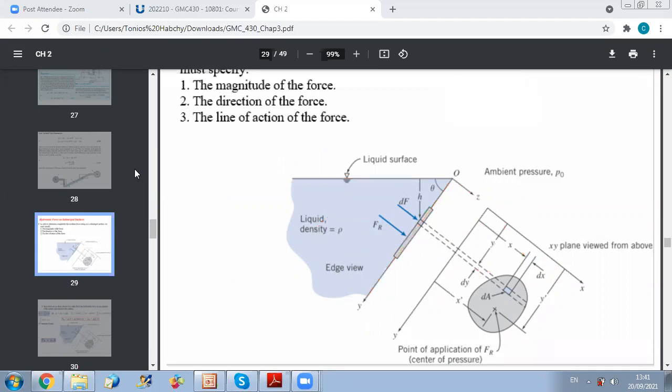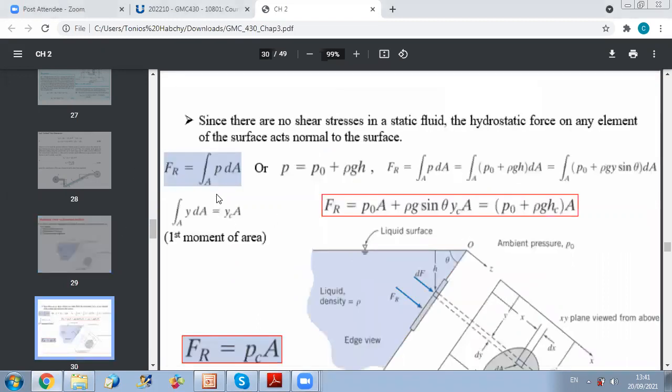As a recap, to find the resultant force, I should integrate over the area, integral over A of P dA. How can we find the pressure at any depth? If I consider any depth H, then I should add the pressure at the surface, which is P0, plus rho g H.